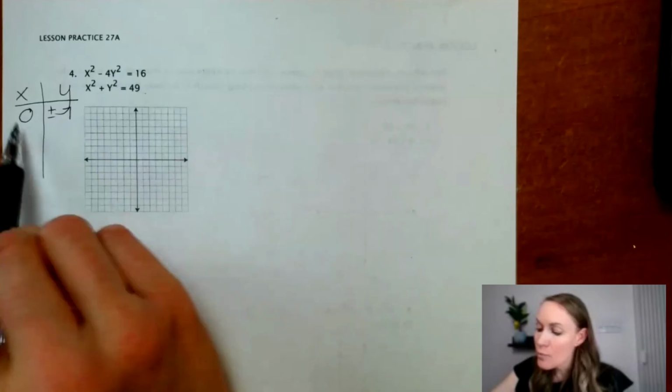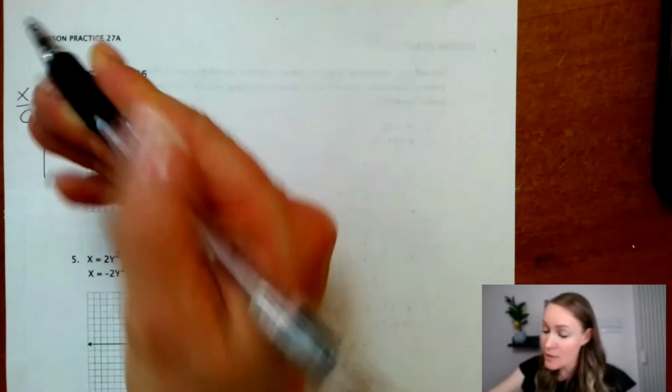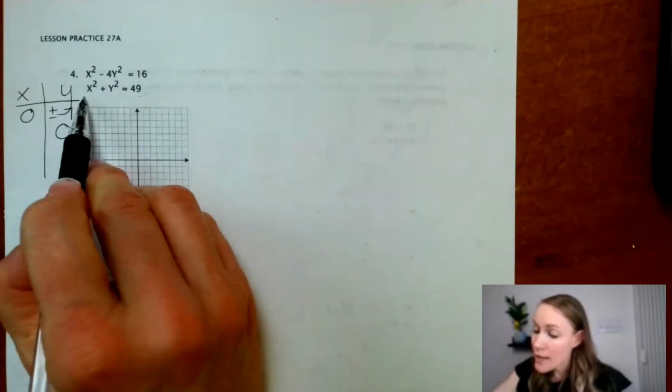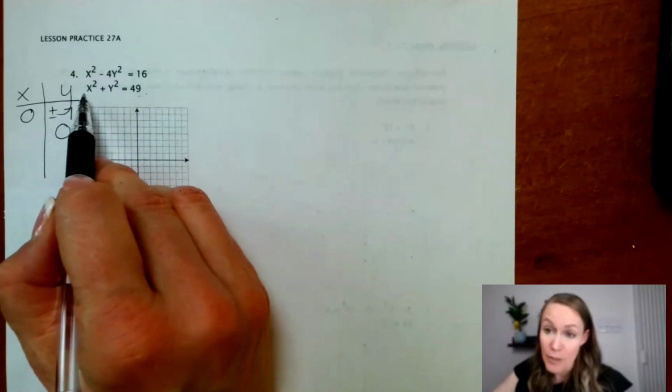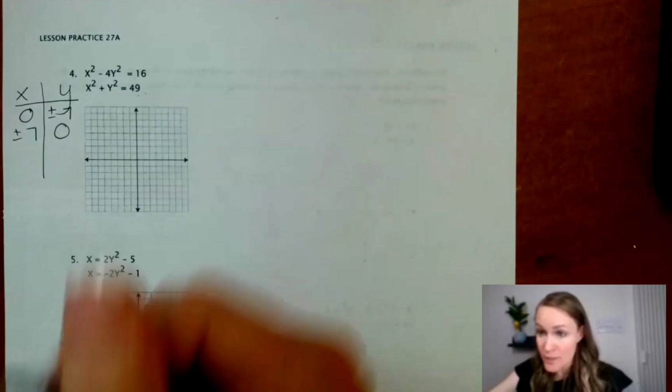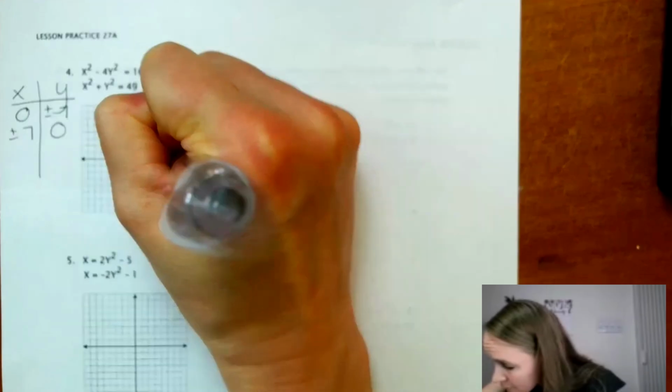Same thing when we graph ellipses and parabolas, we're going to plug in 0 for x and y. So when y is 0, x squared equals 49. That means x is equal to plus minus 7. Okay, so I just got 4 points right there. 1, 2, 3, 4, 5, 6, 7. So I'm just going to graph all of my points.